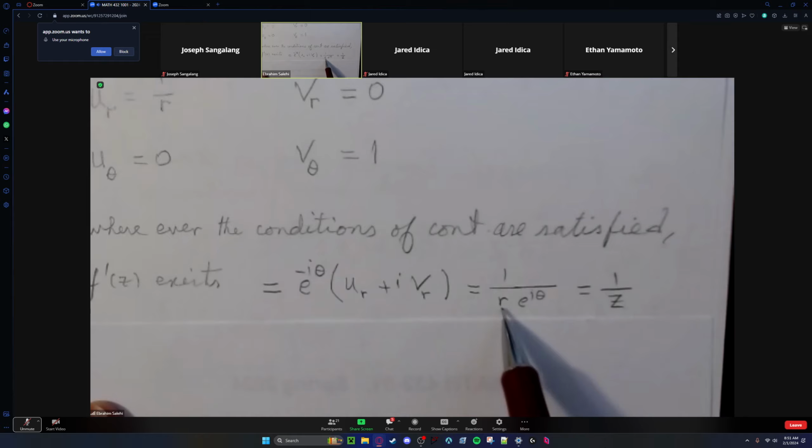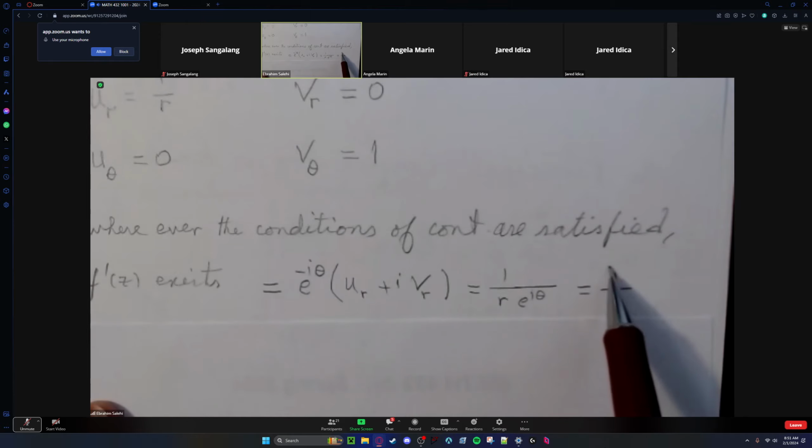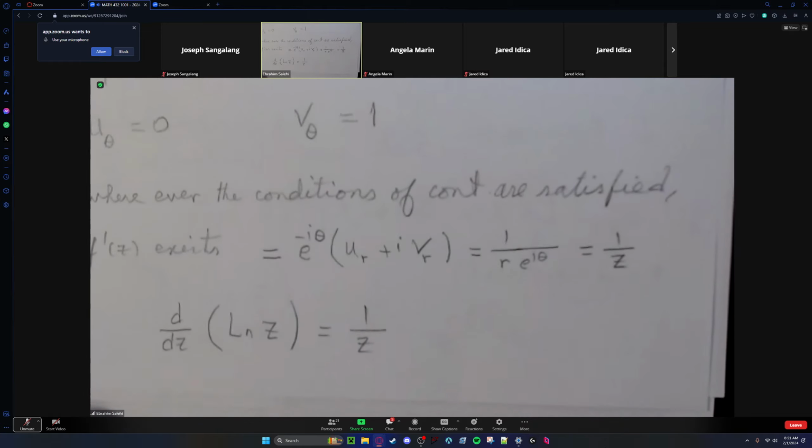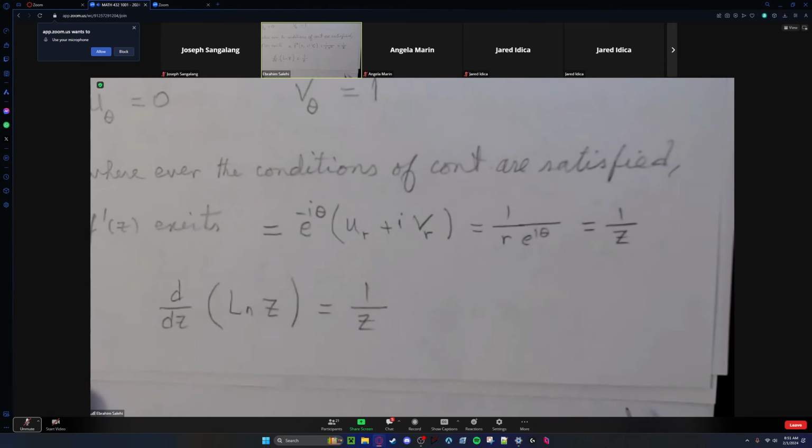So this is exactly z. So it is 1 over z. So what happened, I proved that if the derivative exists for the logarithm, the derivative is 1 over z, okay? The derivative is 1 over z.